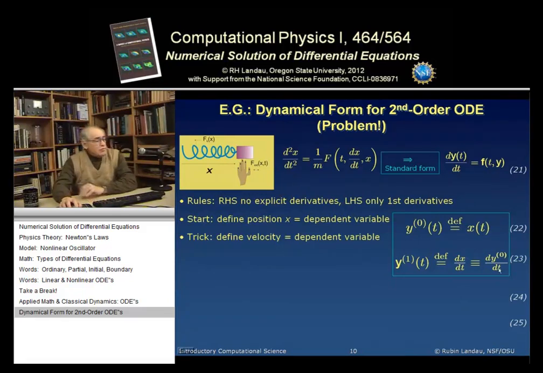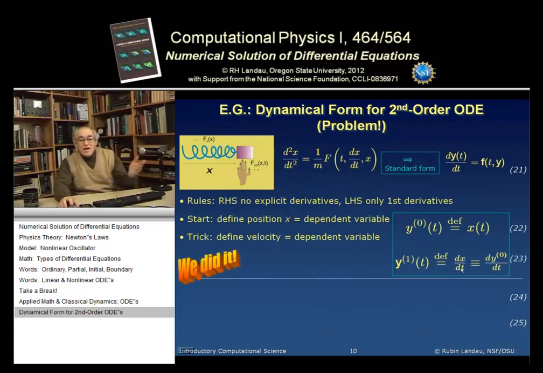So equation 23 here is already a little tricky, subtle, but as obvious as can be. It's subtle because we're saying the derivative of y0 is y1, but that's just the dynamical form we want back in our standard form. So we've already done the hard part, but it's defined to be a velocity. That's just the velocity. And now we've done the hard part. All the hard part's done.